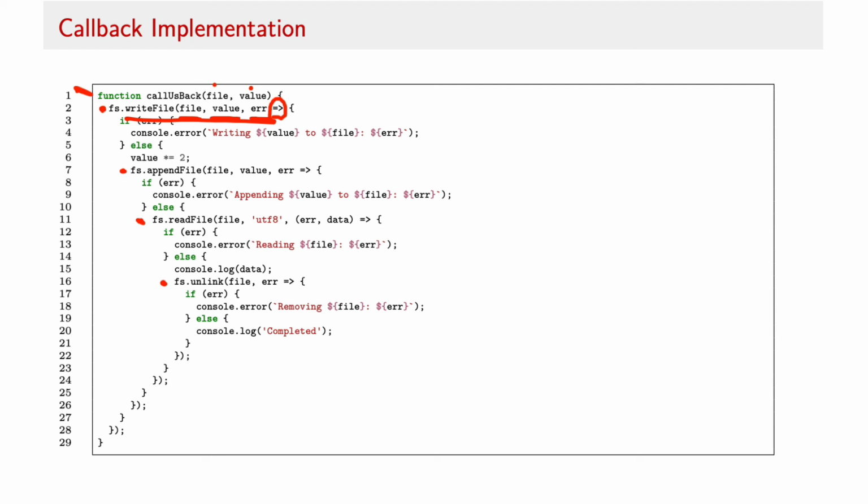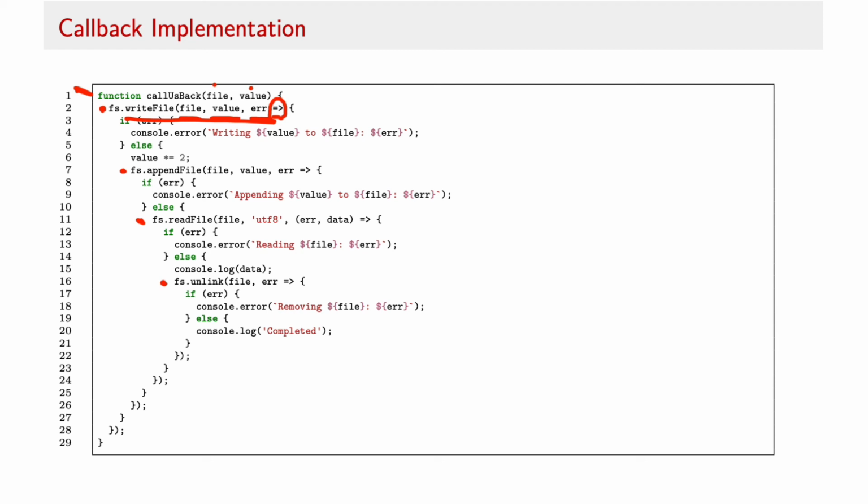In this particular case, the parameter list consists of just a parameter err. Because we only have a single parameter, we can lose the parentheses that usually surround a parameter list, which makes it a little more terse. Remember again that the convention in Node is that whenever a callback function is invoked, the first parameter is always going to be an error parameter.